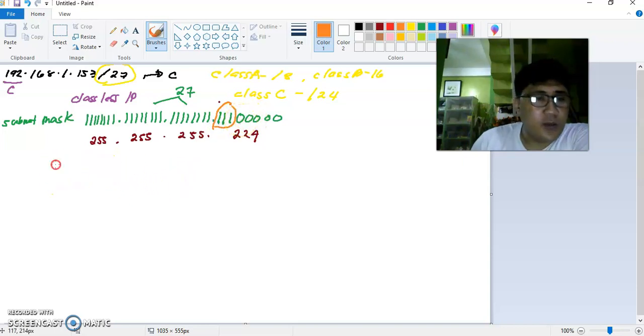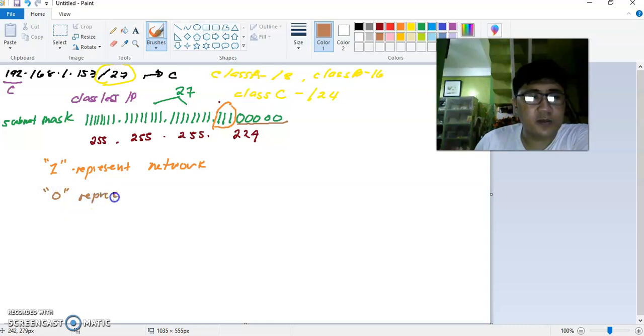The ones represent your network, and your zeros represent your host. Hosts are the computers that are connected. Network is your networks, the network devices.